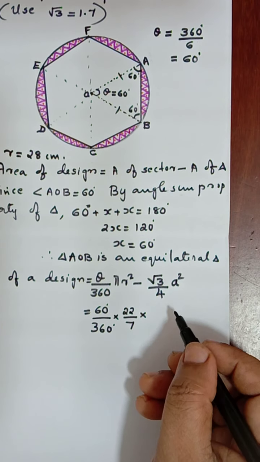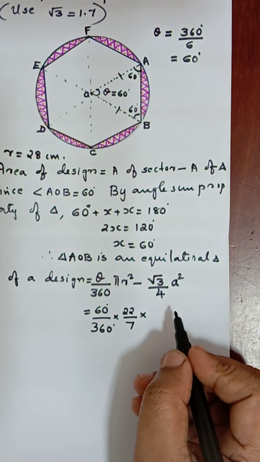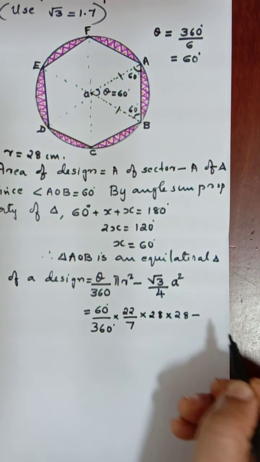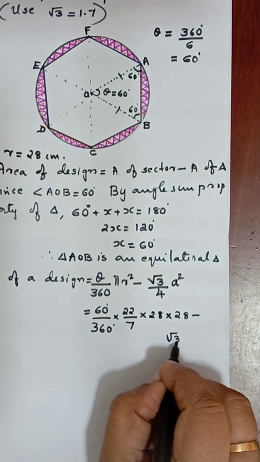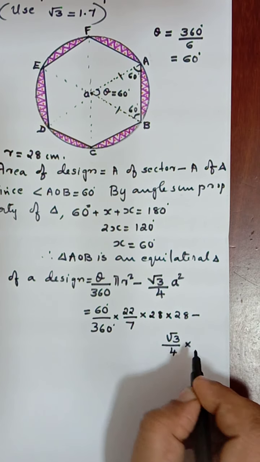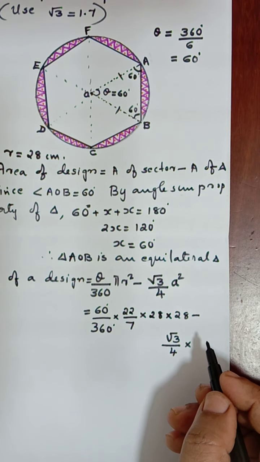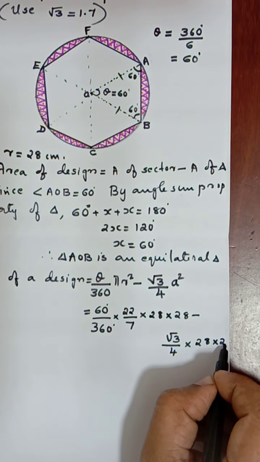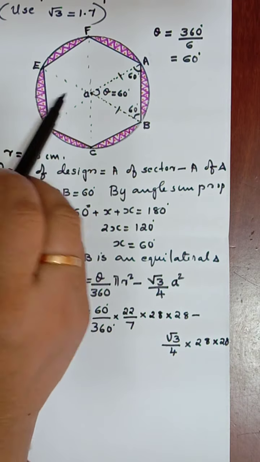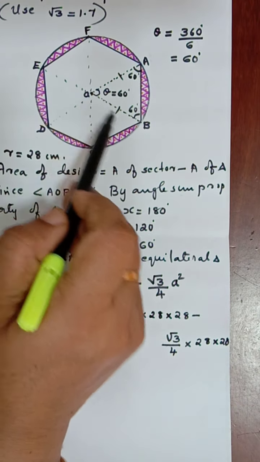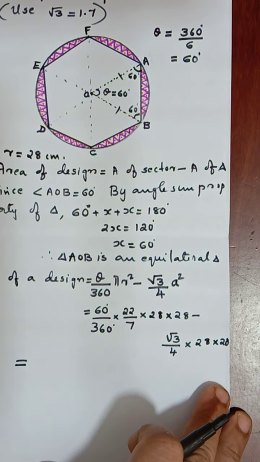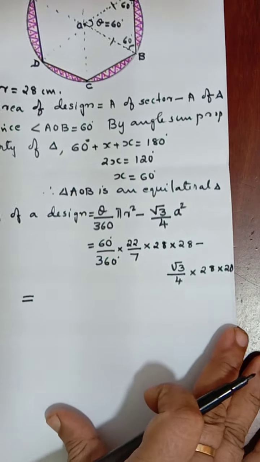Radius is given, radius is 28, 28 into 28, minus root 3 by 4 into a square. What is our a square? Side square of the equilateral triangle is 28 into 28 itself, that you can see in the figure. Each side is 28 centimeters, the radius.